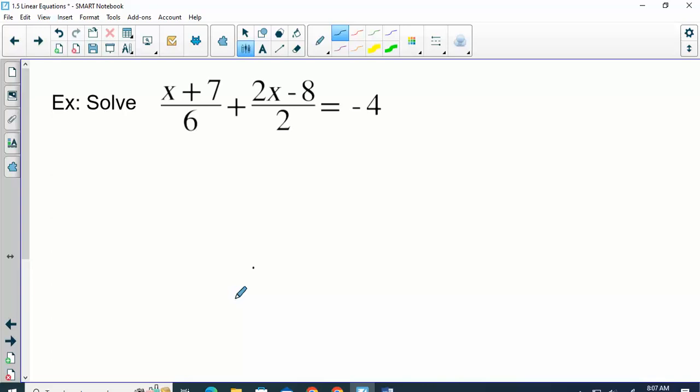What would my common denominator be here? 6. So we can get the common denominator. That's option number 1. What's another option? We can multiply to get rid of all of the fractions. What would I have to multiply by? 6. The same thing that would be your common denominator if you were trying to make one big fraction is what you would multiply by to get rid of the fraction. So we could multiply everything by 6 and get rid of that.